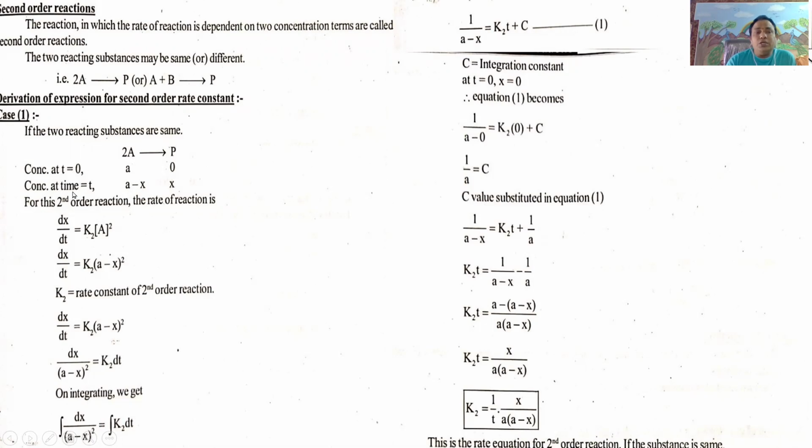But when the reaction is going on after T seconds time, we are obtaining X moles per liter products. At the time, the concentration of reactants are A minus X.